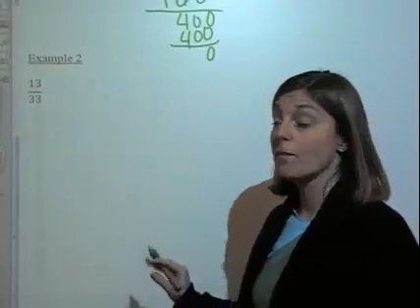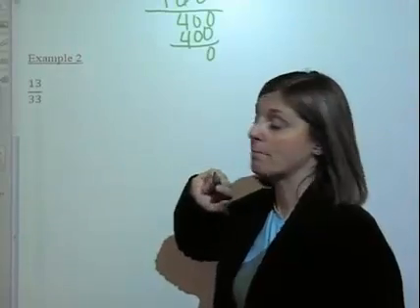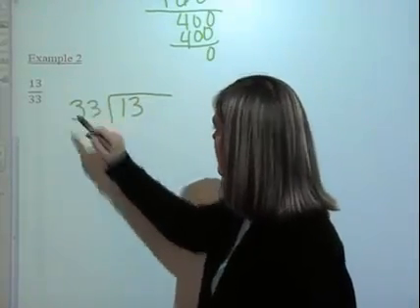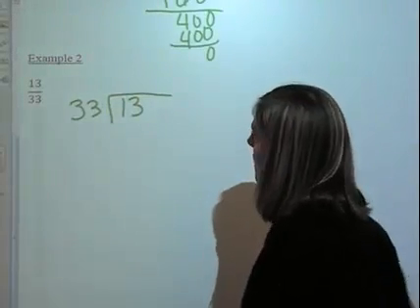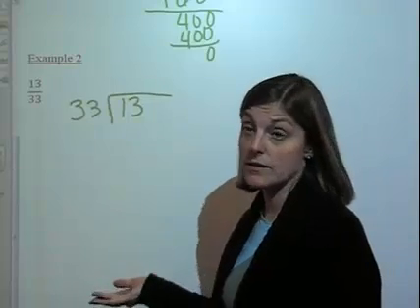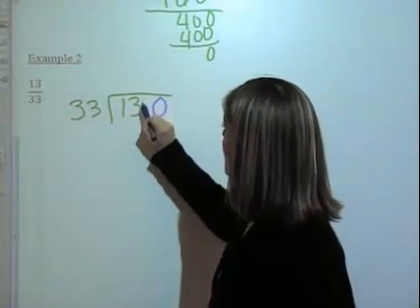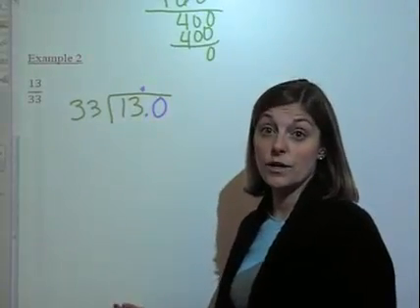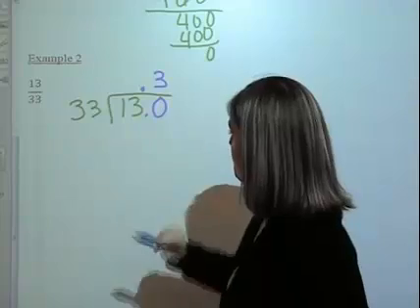Example number 2. We have 13 divided by 33. All right, so 33 is greater than 13, so we need to put a decimal point and a 0. Bring up your decimal point. All right, and 33 will go into 130 3 times.